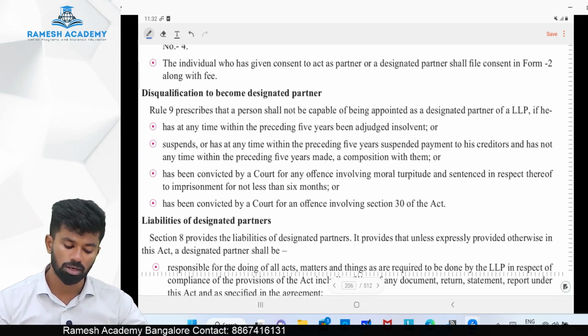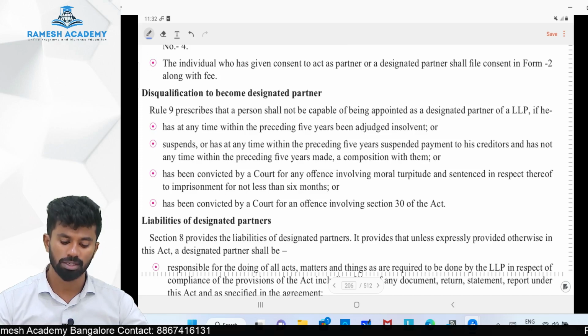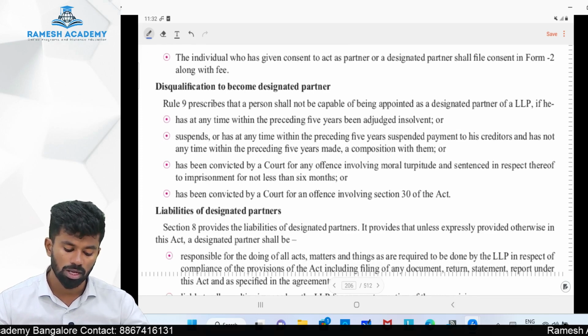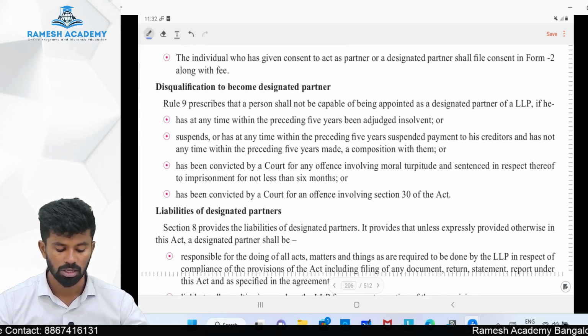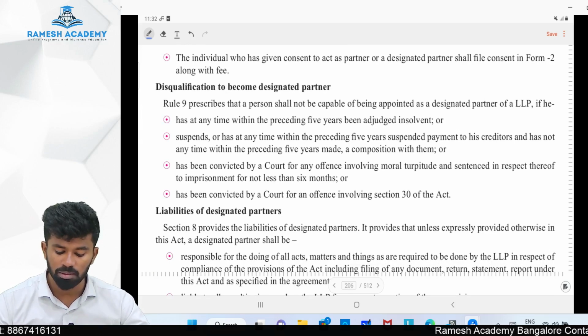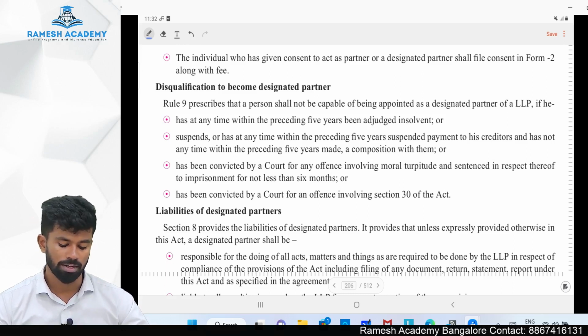Disqualification to become partner, rule number 9, important. Who is disqualified to be a designated partner? The one who has been adjudged as an insolvent in the preceding 5 years. If he has suspended payments or made a compromise with the creditors in the preceding 5 years.